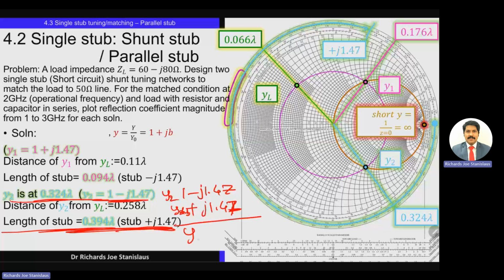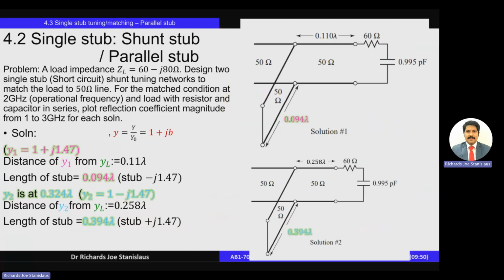So in total, the admittance seen over here will become 1 + 0j, which is equal to 1, the characteristic admittance of the line, meaning we will have a matched condition, right?